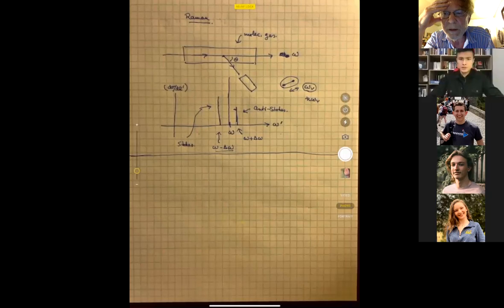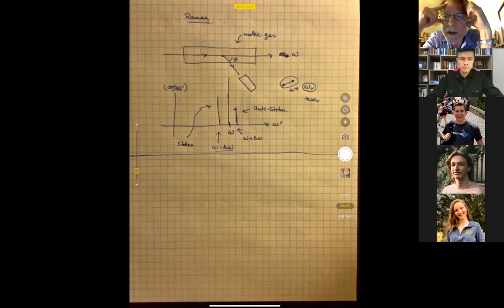Professor, is there any intuitive reasoning to say why the Stokes line has different height compared to the anti-Stokes line? Yeah, that's what I want to get straight. The reason is this: if you want to increase the energy, then you go from some vibrational state to the next one up.